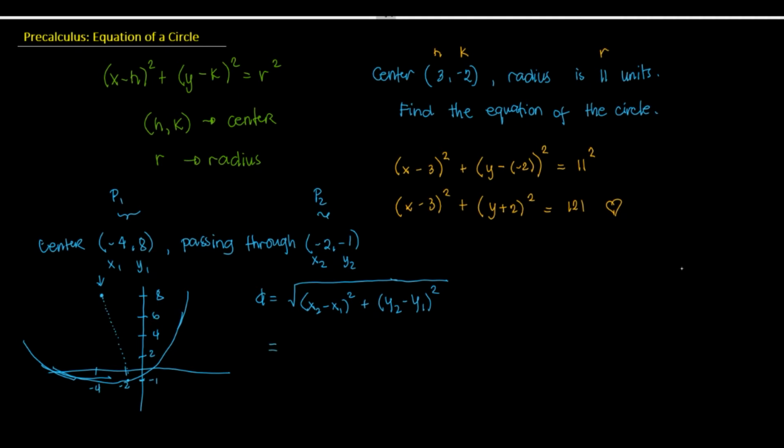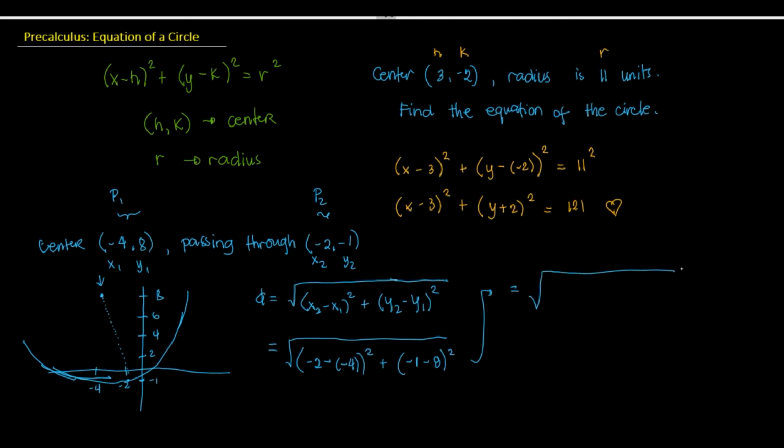So let's substitute the values into the distance formula. x2 is -2 minus x1 is -4, squared, plus y2 is -1 minus y1 is 8, squared.